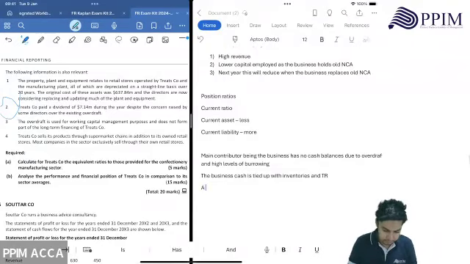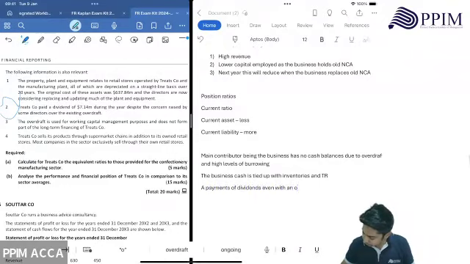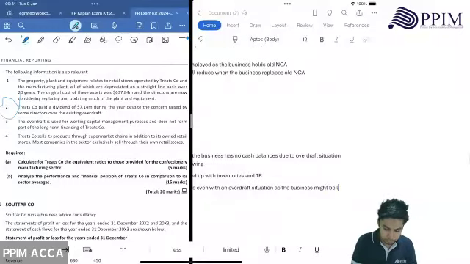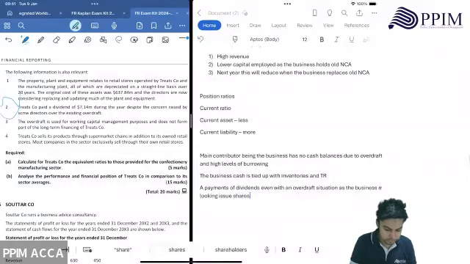And then the last one, a payment of dividend even with an overdraft situation, as the business might be looking to issue shares next year to solve their cash balance problems.